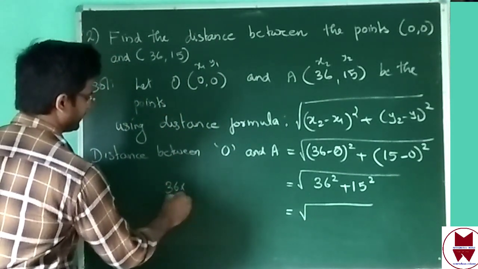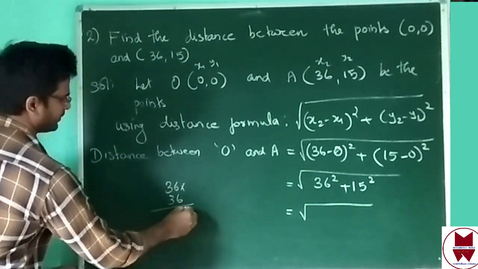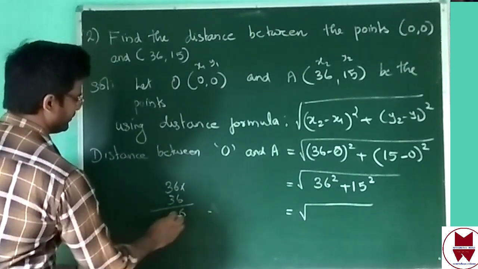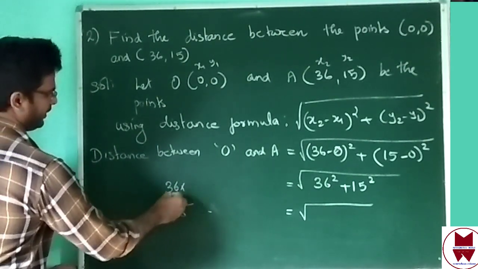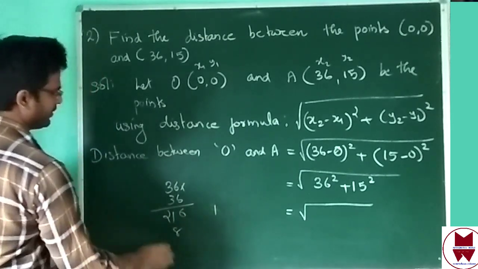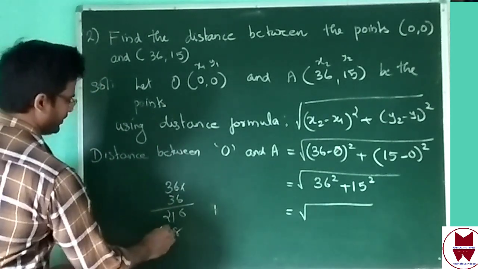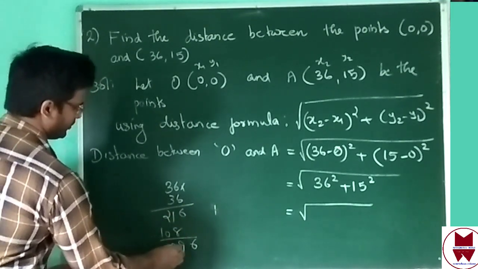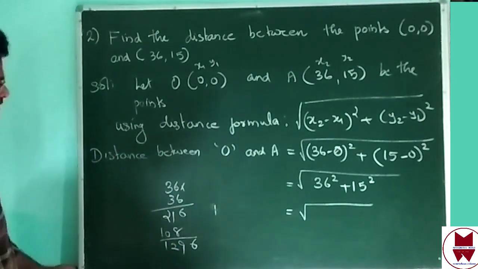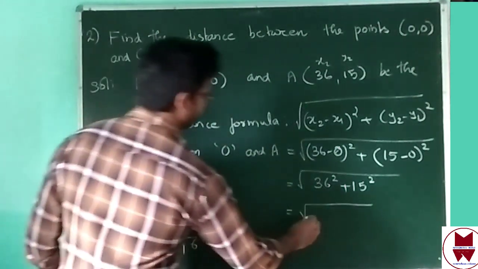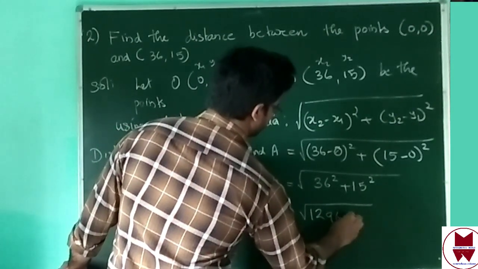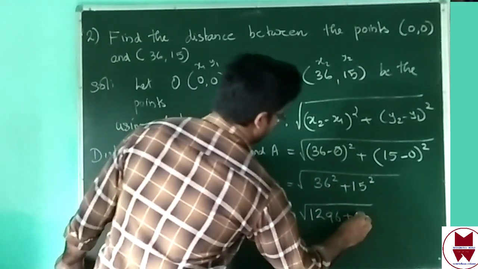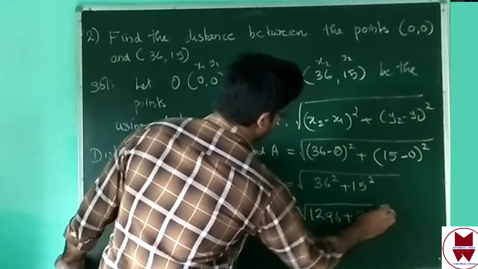Multiply 36 into 36. 6 into 6, 36. Remainder 3. 6 into 3, 18 plus 3, 21. Isn't it? Then 3 into 6, 18. Remainder 1. 3 into 3, 9 plus 1, 10. 6, 1 plus 8, 9. 2 plus 0, 2. Then 1. You will get 1296. Then 15 square. 15 into 15, you will get 225.